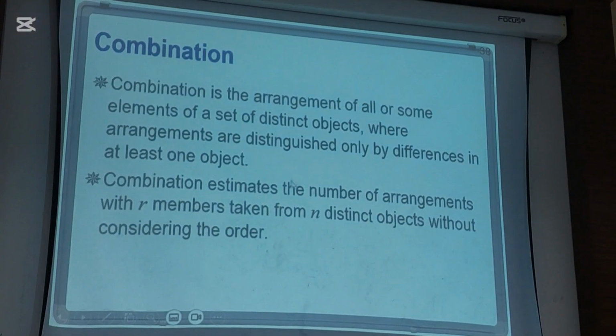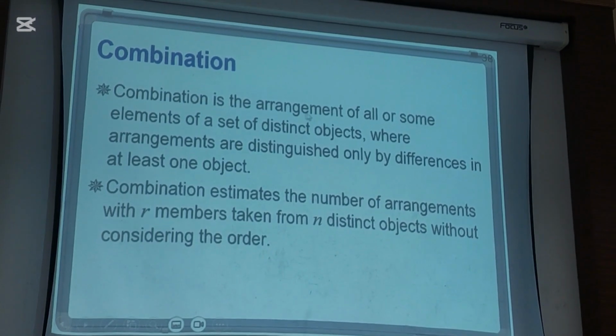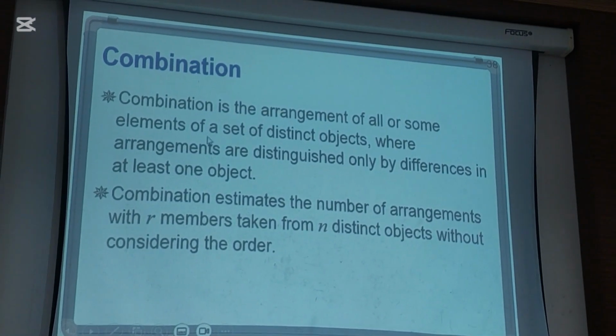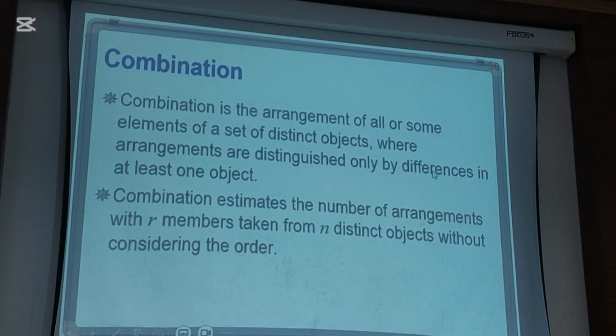different positions. But combination is the arrangement of all or some elements of a set of distinct objects, where arrangements are distinguished only by a difference in at least one object.